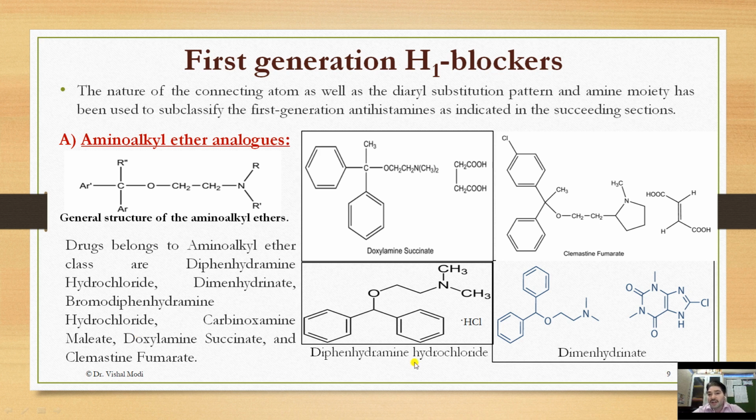I have given here the structures of 4 drugs: doxylamine succinate, clemastine fumarate, dimenhydrinate, and diphenhydramine hydrochloride. This is important from the examination point of view, so you can memorize it and write it down in the answer book.